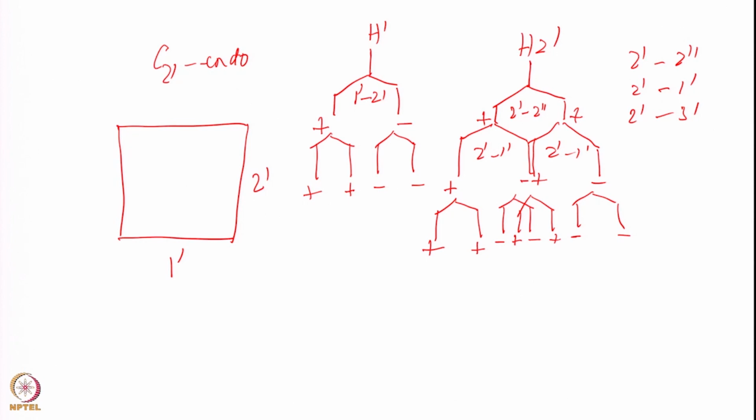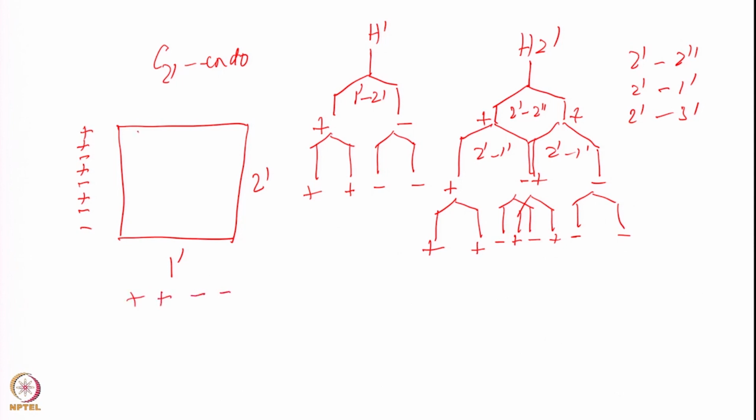You got 8 of them, plus plus minus plus minus plus minus minus. So 8 components. Therefore how many will this have in total in the structure? There will be 32 components, 4 into 8. So if I want to write here, this is plus plus minus plus minus plus minus minus, and on this side I have plus plus minus minus.